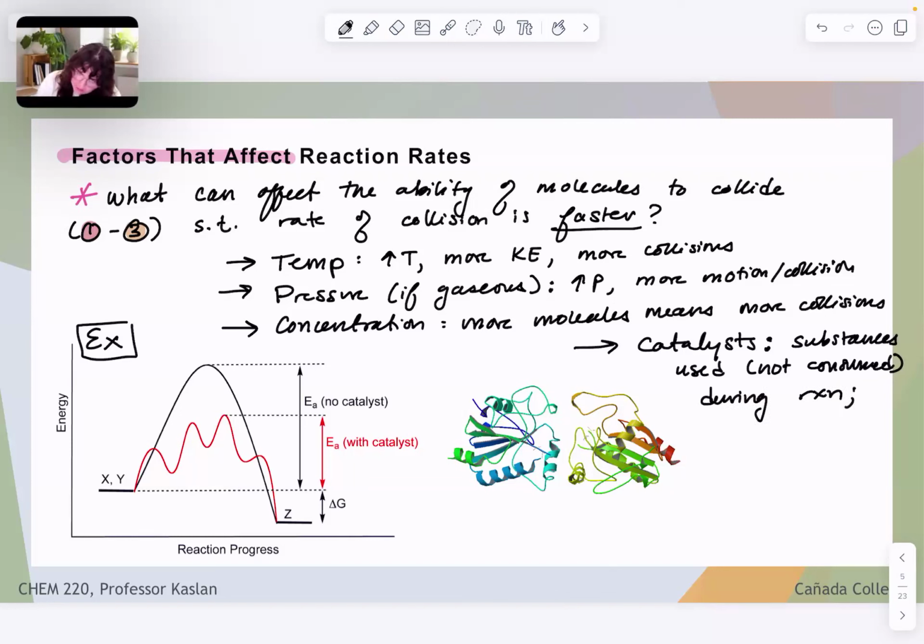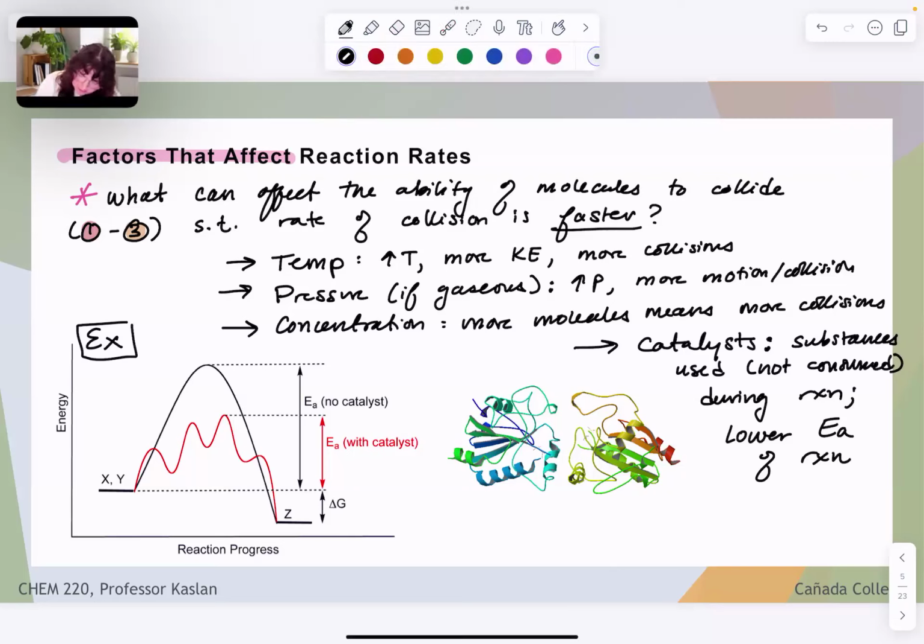And what catalysts do is that they lower the activation energy barrier, meaning that it is now possible for more molecules to have that minimum amount of energy required, condition 3, to make that transition state.